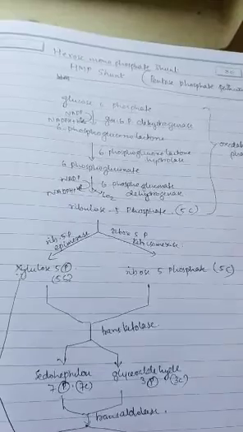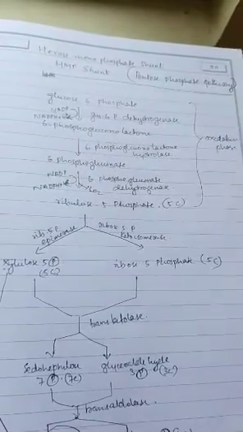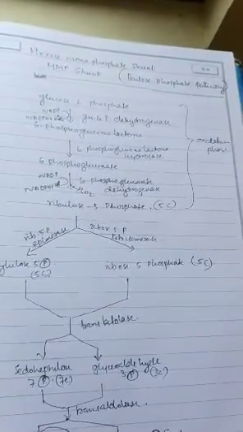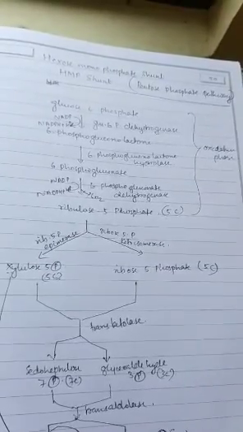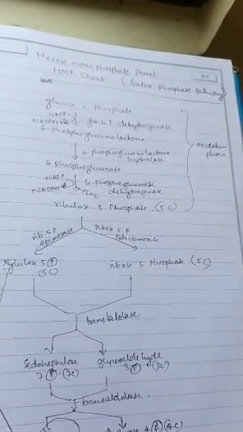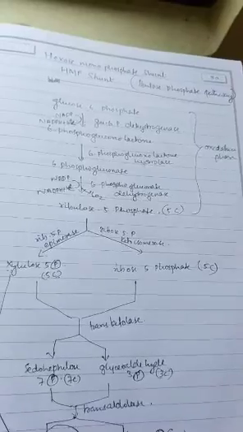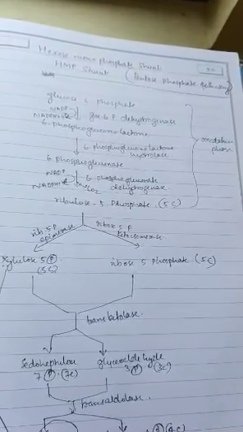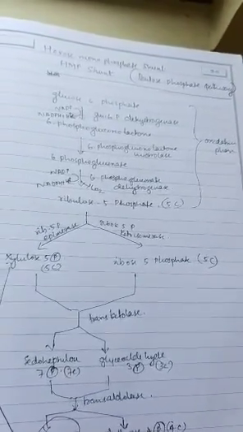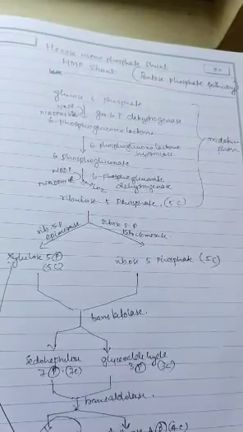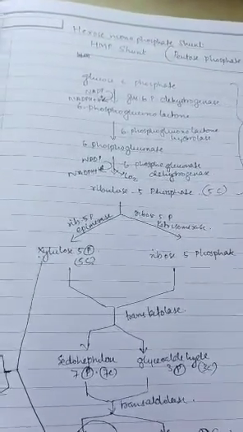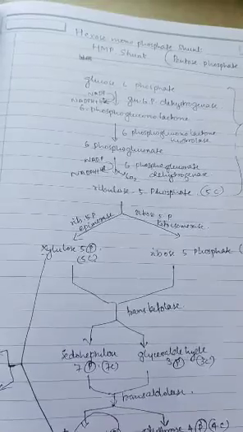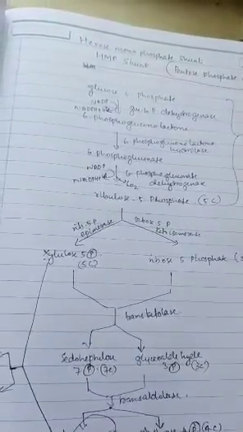For example, ribose 5-phosphate is very important for the synthesis of nucleic acids and thereby nucleotides. Then NADPH is very important for the biosynthesis of fatty acids and steroids.